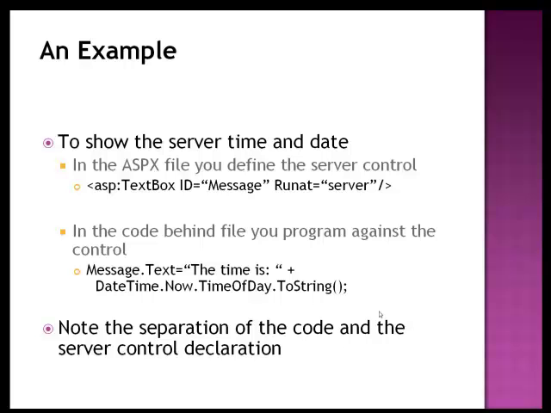The link and the connection between the code and the ASP pages is essentially the ID that you assign to server controls, or even to any other HTML element, to be able to program against them from your programming file. You just call the ID and then you manipulate it in the program.